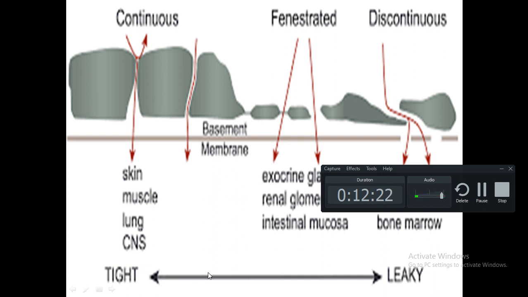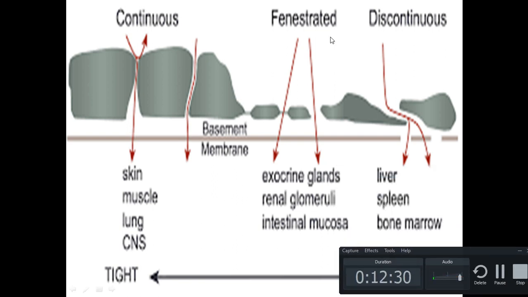And then as we go in this direction, these endothelial cells become more leaky, and they are fenestrated here in the exocrine glands, in the renal glomeruli, and in the intestinal mucosa. There are wide junctions present here, you can see. And then in some areas the cells are quite apart, they are discontinuous, and this type of arrangement is seen in the liver, the spleen and the bone marrow.